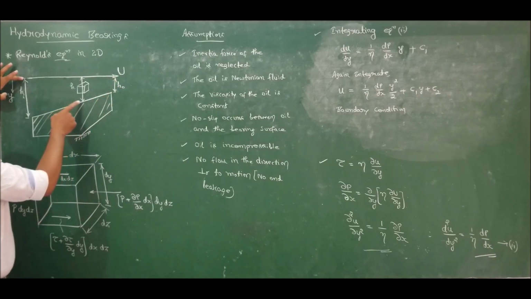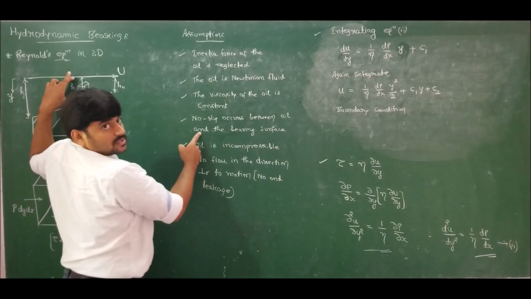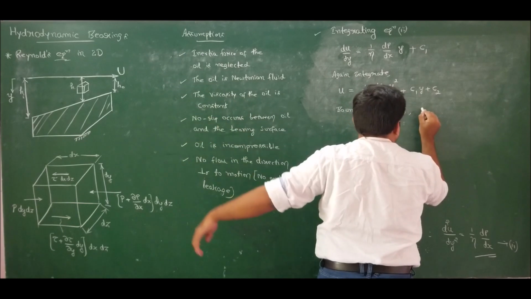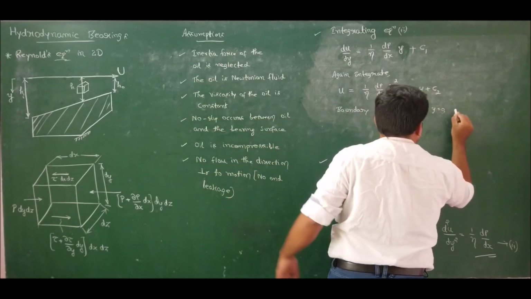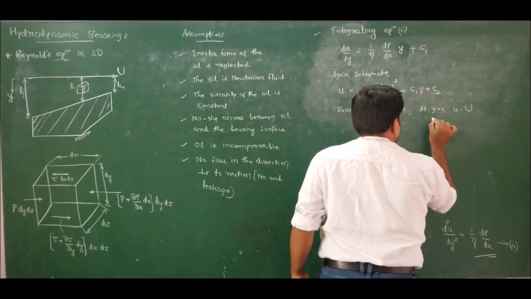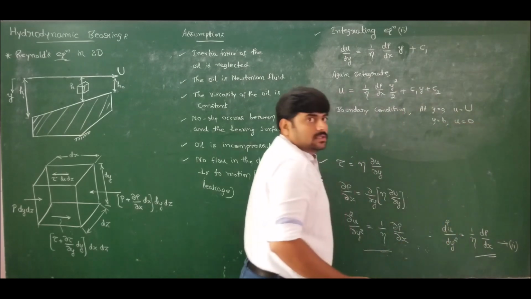At y is equal to h, velocity is 0. So the boundary condition is: at y is equal to 0, velocity will be maximum, capital U. At y is equal to h, velocity will be 0.